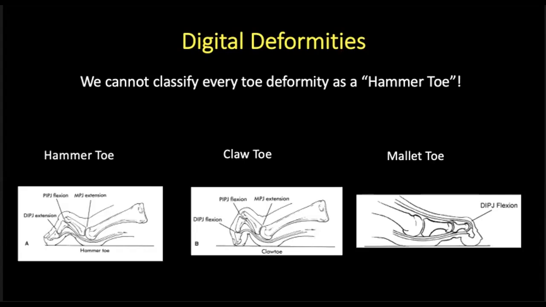For example, if I have a hammer toe, maybe I'll fix this with a PIPJ arthrodesis and a flexor transfer. Claw toe, maybe a hips teno suspension with PIPJ fusion, and then the mallet toe maybe just a simple tenotomy. So the three of these are completely different, and it's important to classify them for what they are and not call every digital deformity that walks through the door a hammer toe.